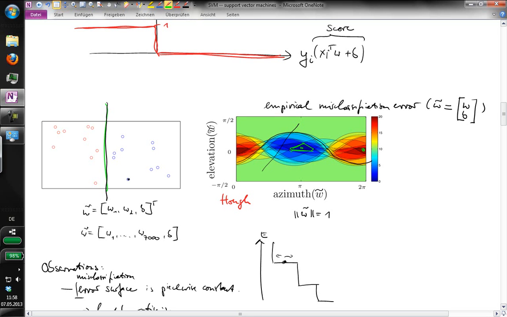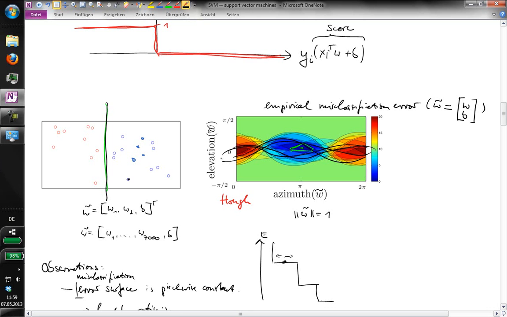I should have drawn the point somewhere here. So we have this duality. And if I add more training samples, it means that I get more contour lines in this space. I obtain a more complicated error surface, but it's still remaining piecewise constant, and it doesn't lift the problem of having local optima.